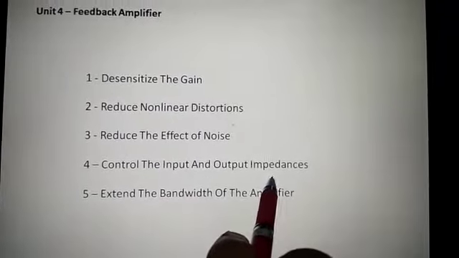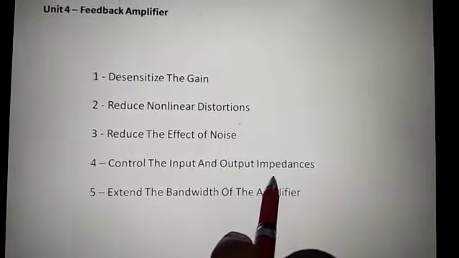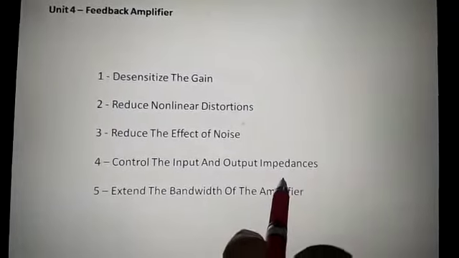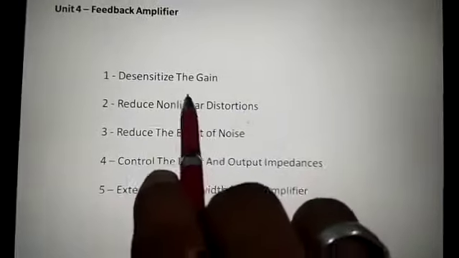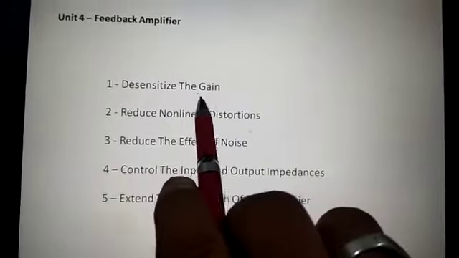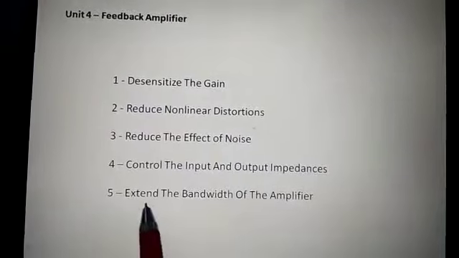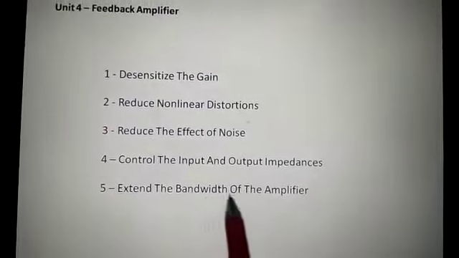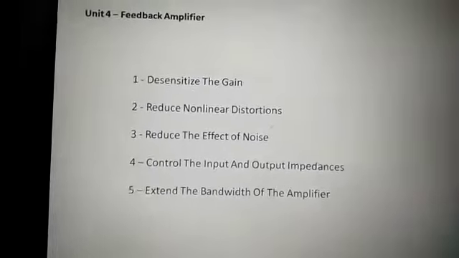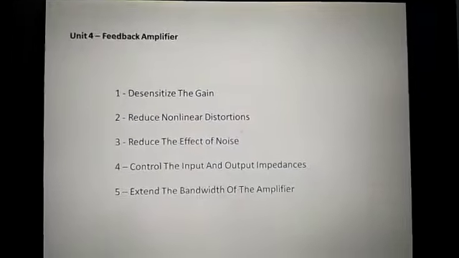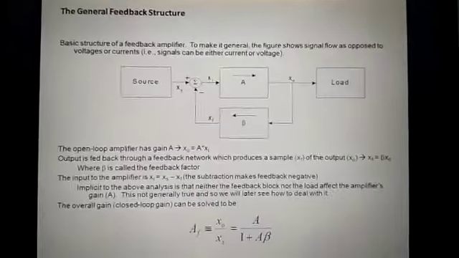In the numerical, we will see how the input impedance increases and the output impedance decreases. We also have to calculate the gain, how it reduces or desensitizes, and the increase in bandwidth due to negative feedback, which we have already seen in the theory period and in the last videos.